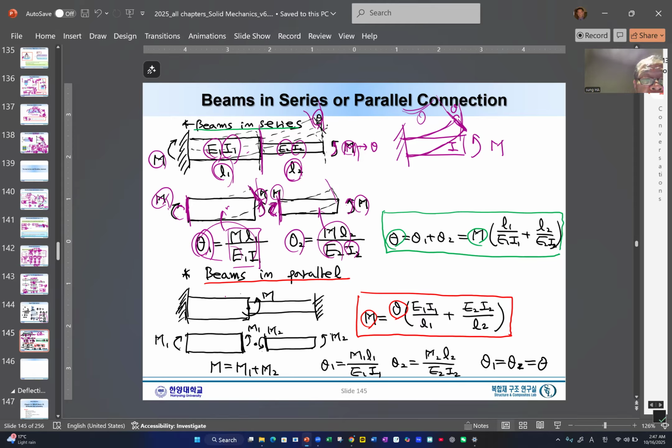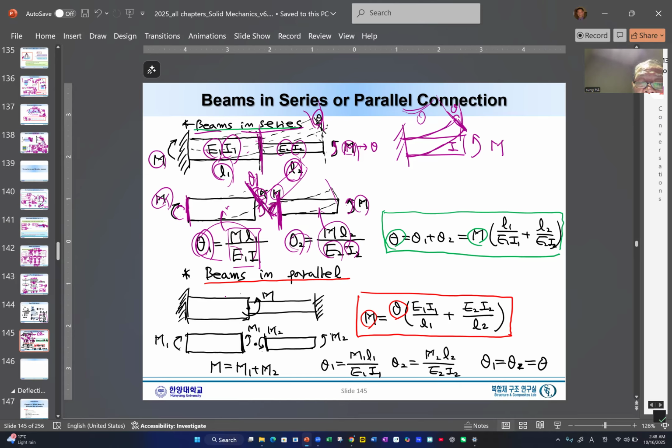This is the beam in series. So you can simply see that at the cross section, this is rotating here. Now this is the rotation with respect to this plane, but this one will be rotated here, rotate this much. So this is a theta 1. And then this will deform like this.